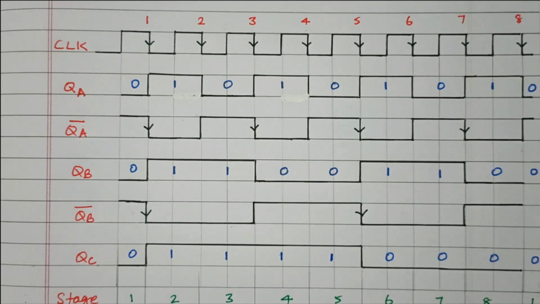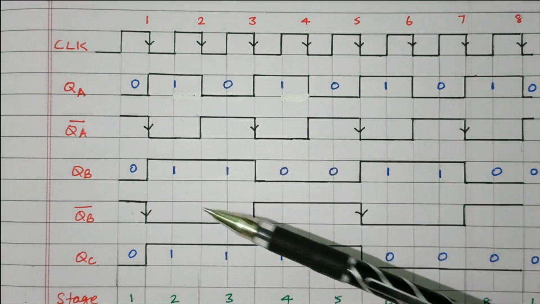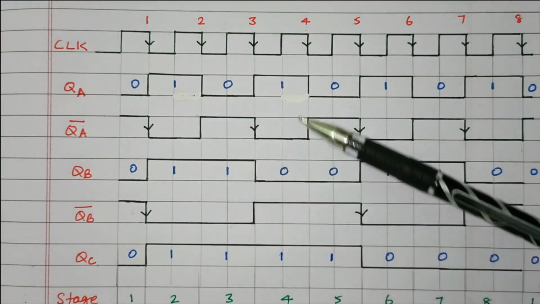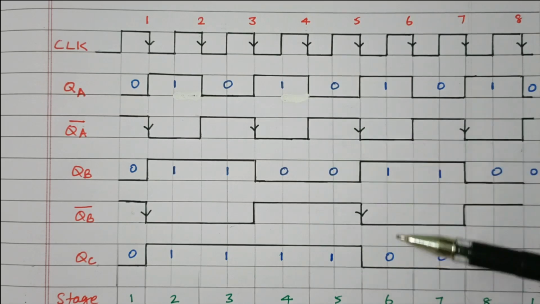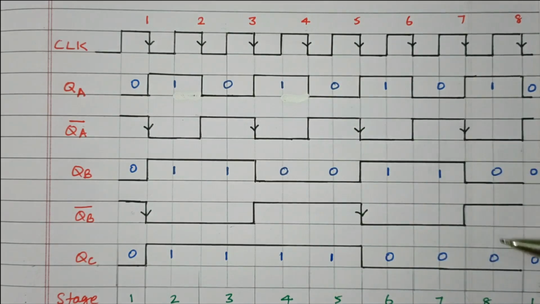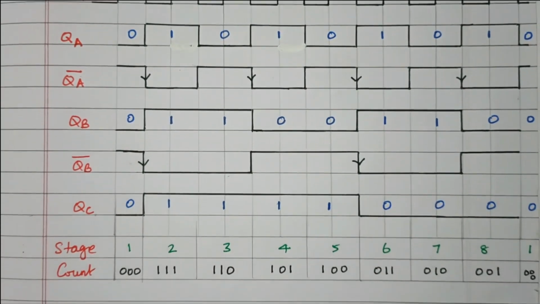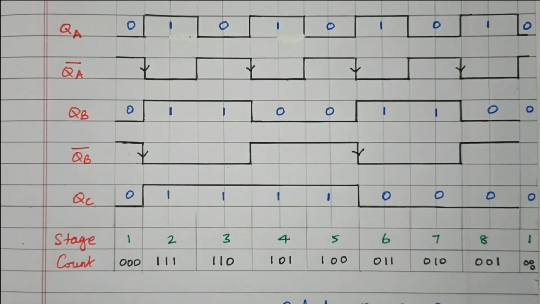Now we'll see the values. We already discussed QC, QB, QA is the output for both up counting and down counting. See this value, initially all are 0. Then it is 1 1 1, 1 1 0, 1 0 1, 1 0 0, 0 1 1, 0 1 0, 0 0 1, then 0 0 0. Right, we got the 8 combinations of output for 3 digits in reverse order, so that it comes under down counting.